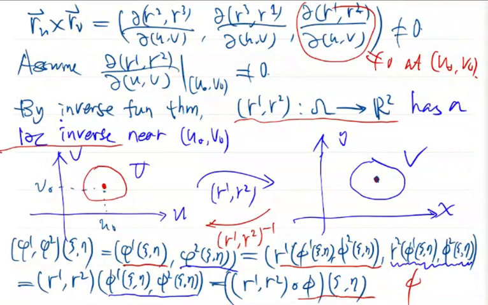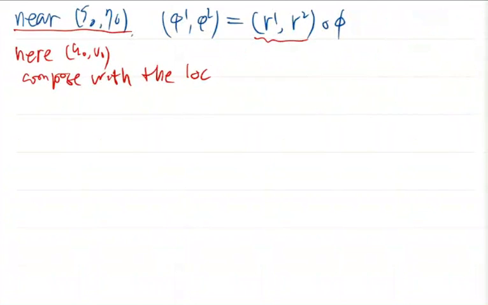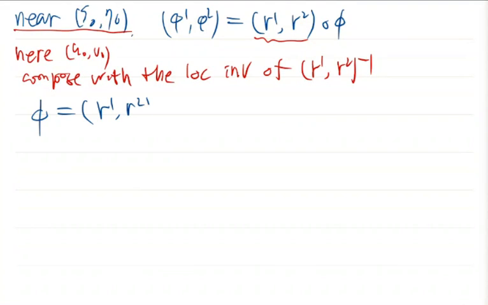That is the image of cos 0, eta 0 under phi. Okay, so we compose this map with the local inverse of R1, R2. We get that our phi is the composition of R1, R2 inverse composed with phi1, phi2. So this is C1.